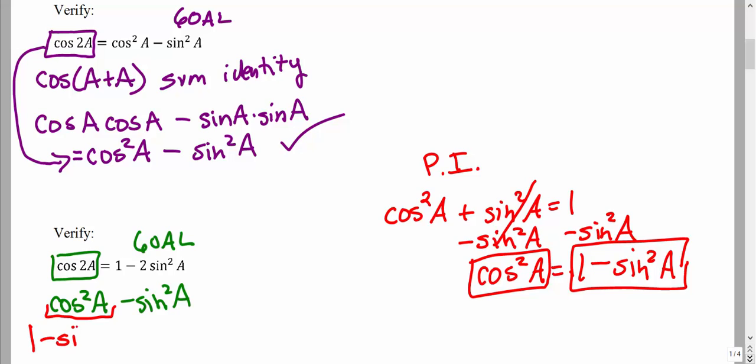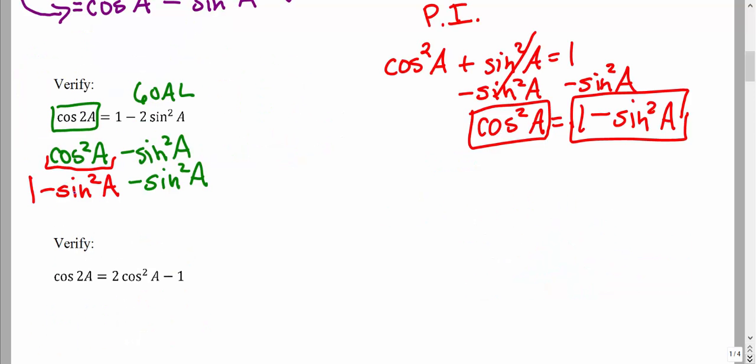So we're going to replace cosine squared A with 1 minus sine squared A. Now we bring down sine squared A, and we have 1 minus sine squared A minus sine squared A. This is the same thing as 1 minus 2 times sine squared A. And that was our goal.